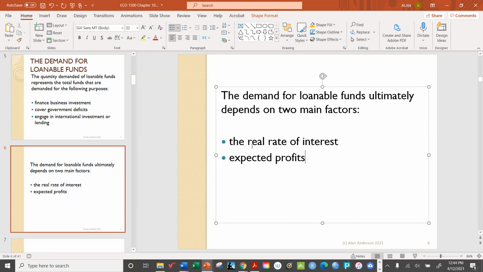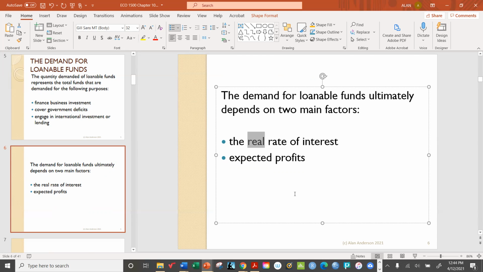The real rate of interest, of course, is important because that determines how much it actually costs to borrow this money. And one more thing, don't forget, real here means adjusted for inflation. The nominal rate isn't the big deal. It's not as important as real, because if the real rate of interest is very high, that means the amount of purchasing power that you have to sacrifice to borrow money is very costly, and you may think twice about it, as opposed to cases where the real rate is very low.